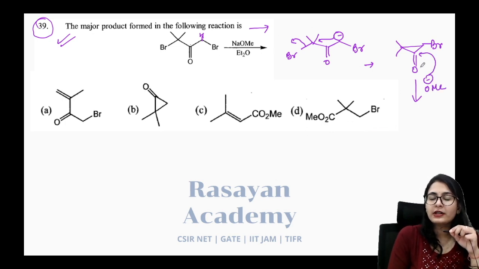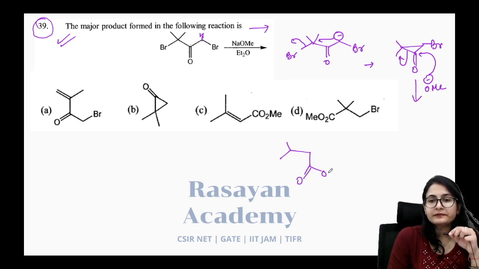OMe minus is going to attack over here, and when this OMe is attacking this carbonyl, the bond has to open up. Now let's say the bond has opened up on this side. We are going to consider both the possibilities. Let's say the negative charge has fallen over here.